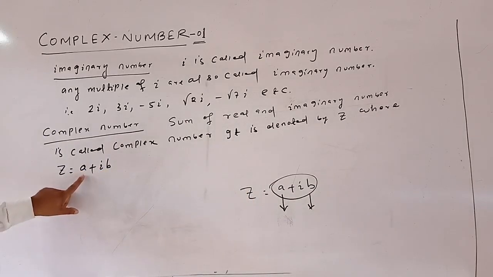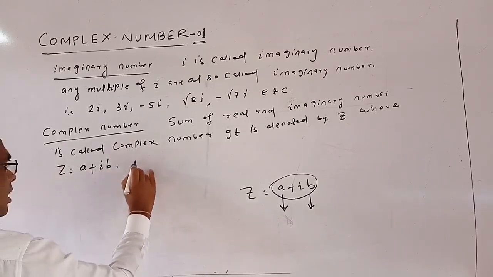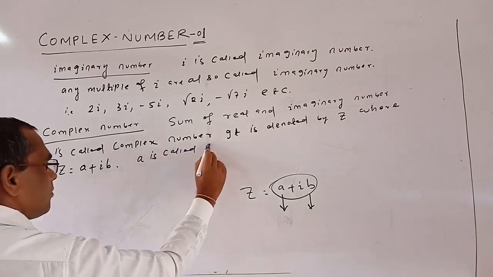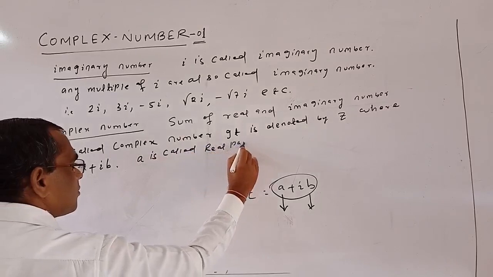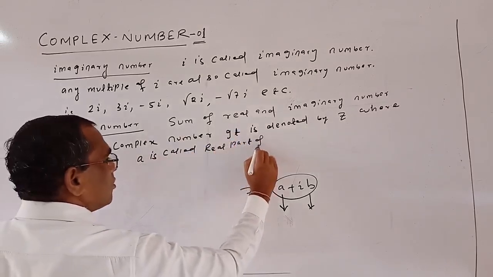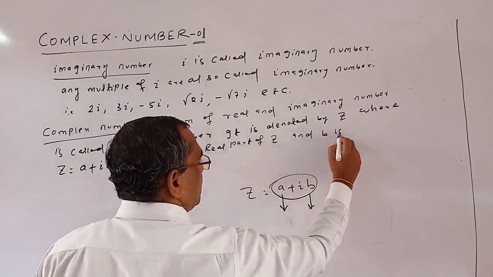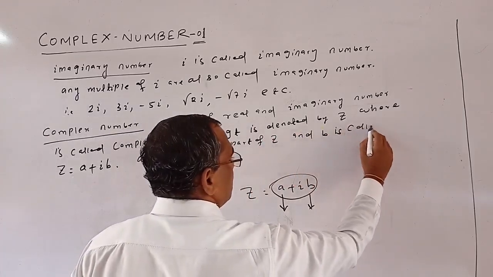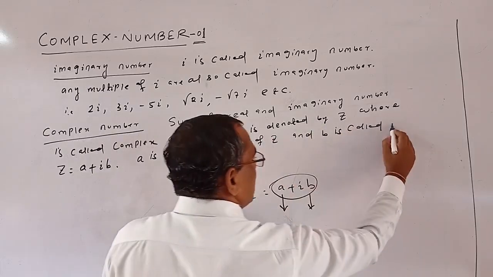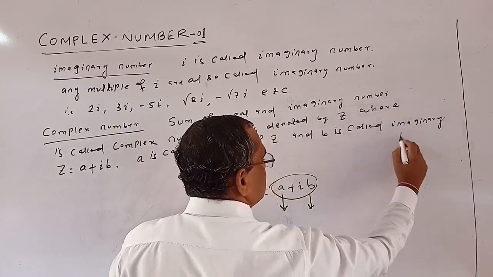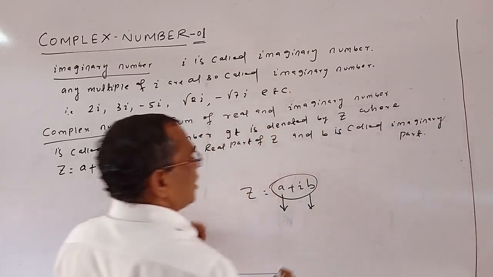Here a is called the real part of z and b is called the imaginary part of z.